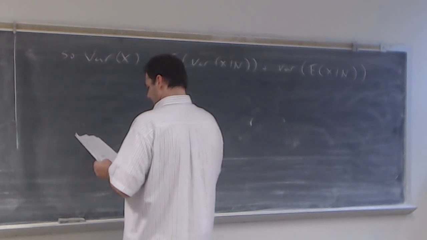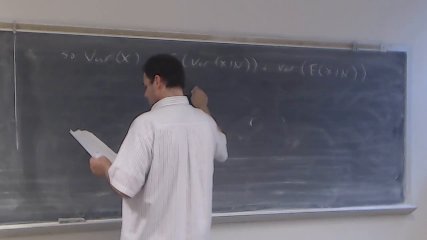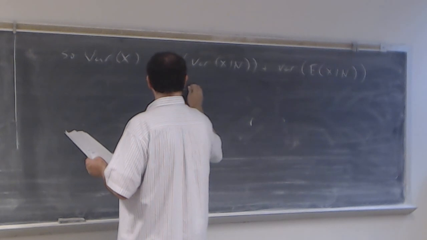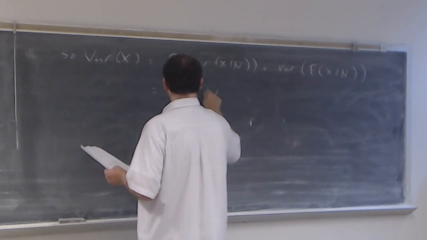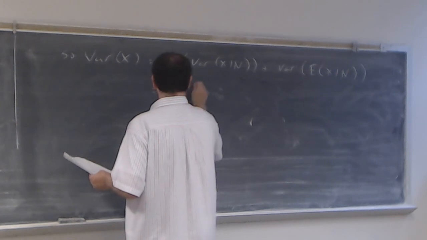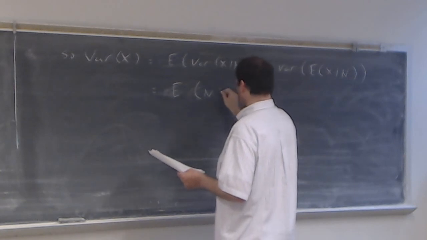We did it earlier. It's sigma squared times the expected value of n. So this was the expected value of n times sigma squared.